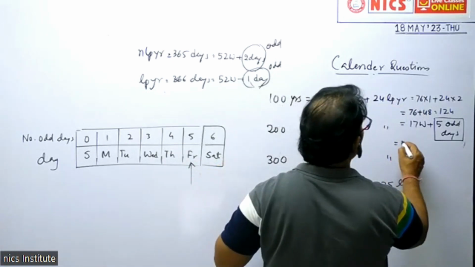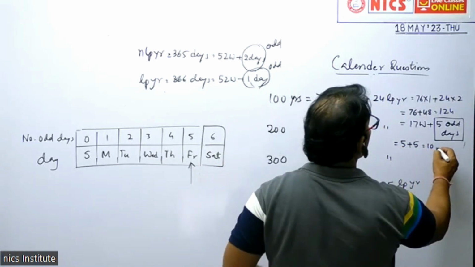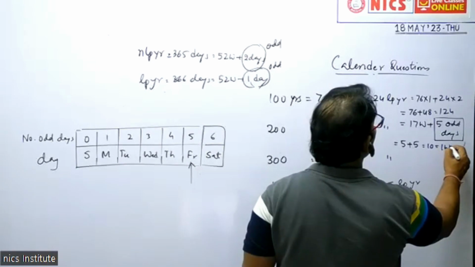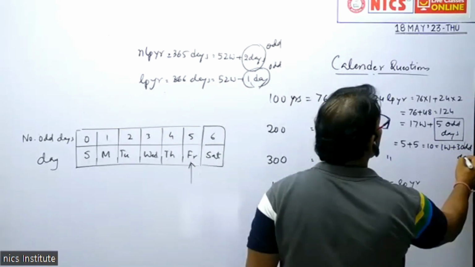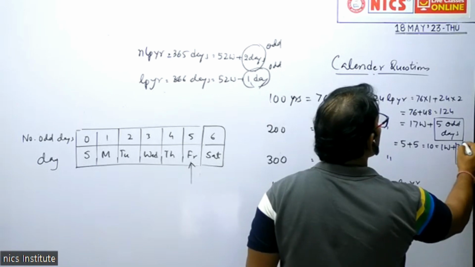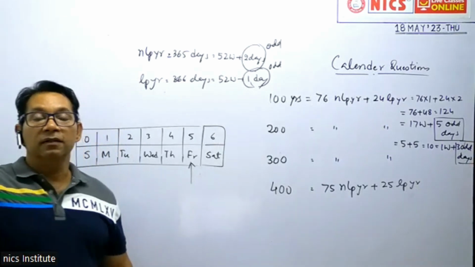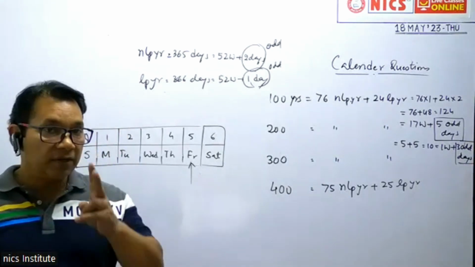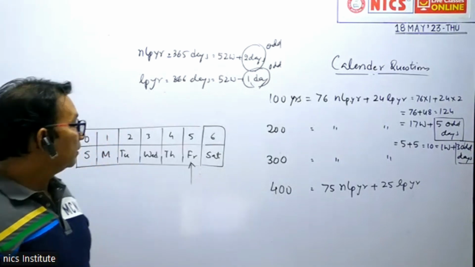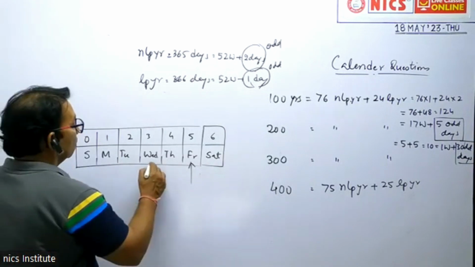The 5 odd days of the second century plus 5 odd days of the first century make 10 days, that means 1 week plus 3 odd days. At the end of the second century, total days are 10, so 1 week can be removed, and only 3 days would be odd days. That means the last day of the second century was Wednesday.